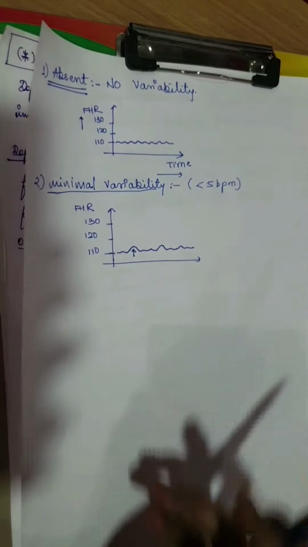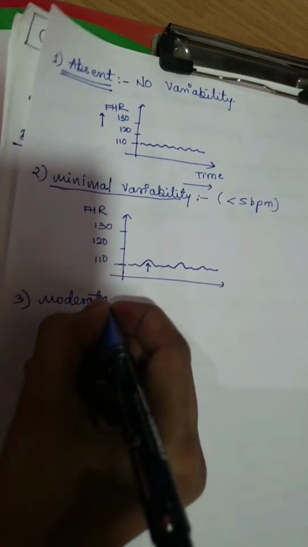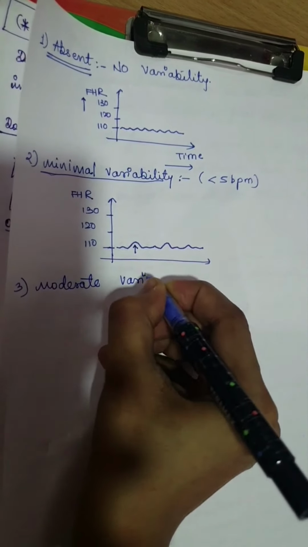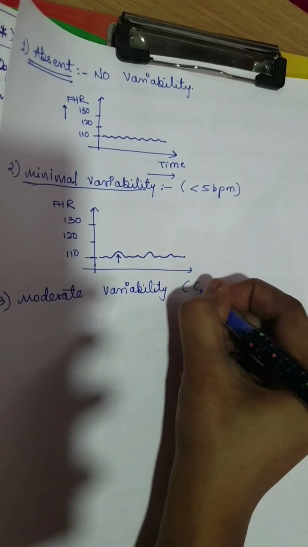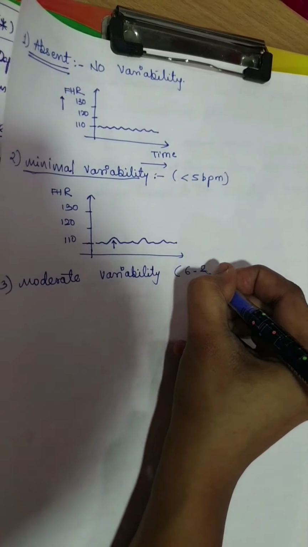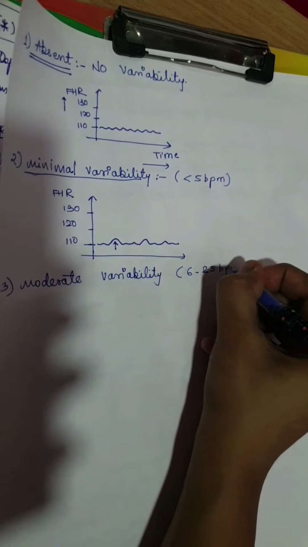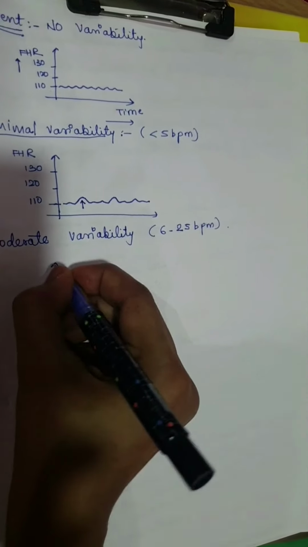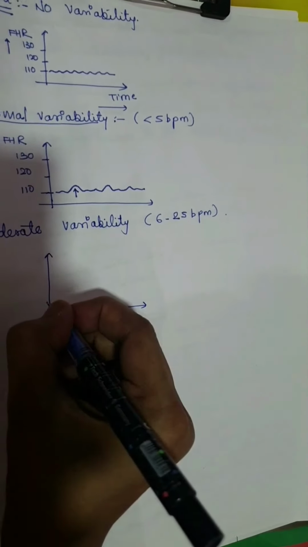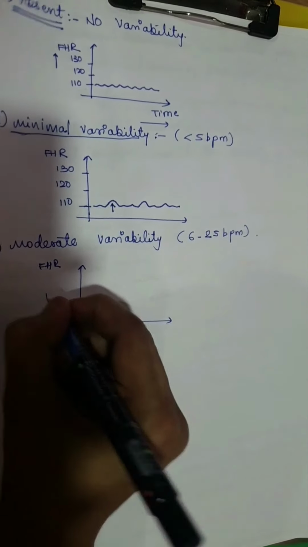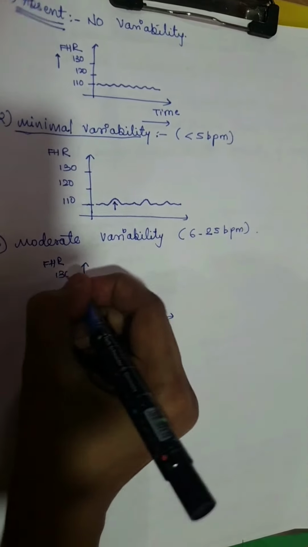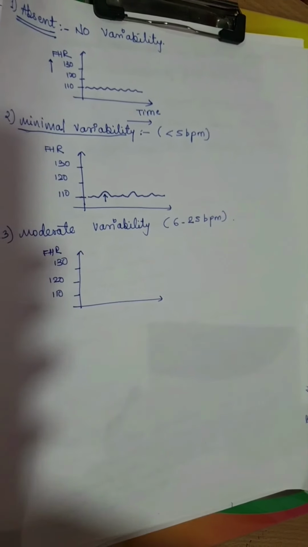Then the third one is the moderate variability. It is from 6 to 25 beats per minute. Again, I'll draw a diagram. These are the fetal heart rate: 110, 120, 130. 6 to 25.